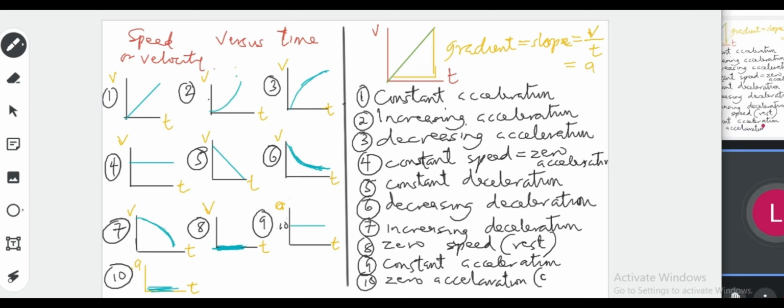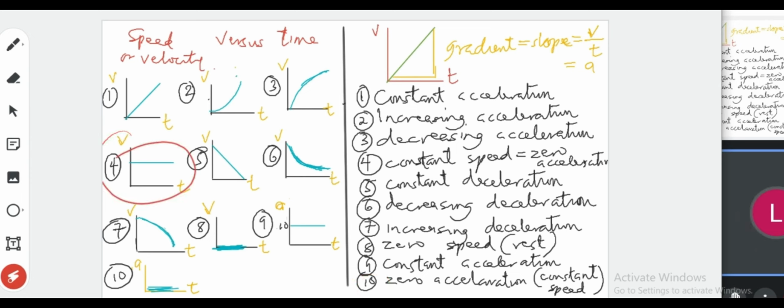Did you hear that? I said zero acceleration means what? Zero acceleration is constant speed. So number 10 is the same thing as number 4. Am I right? Number 10, zero acceleration.